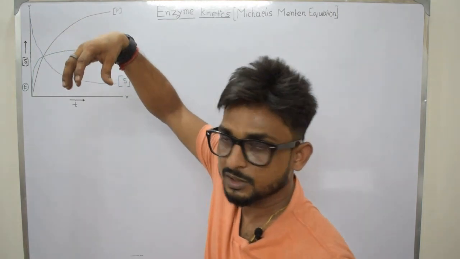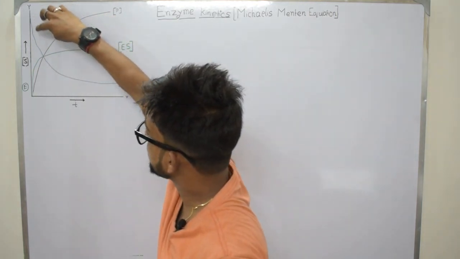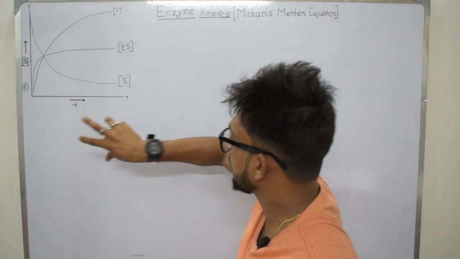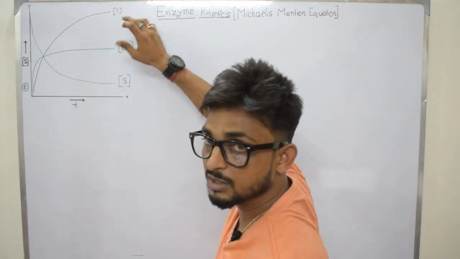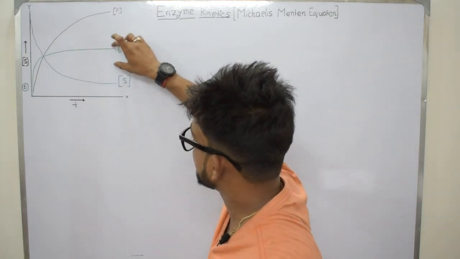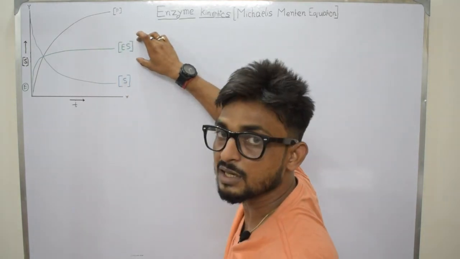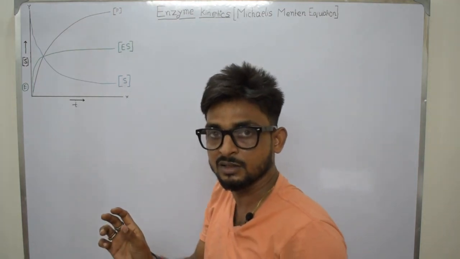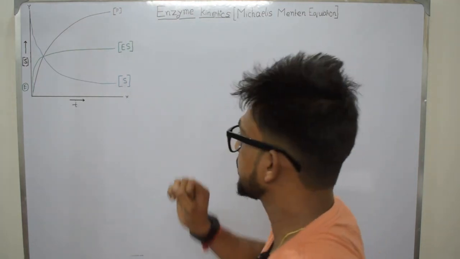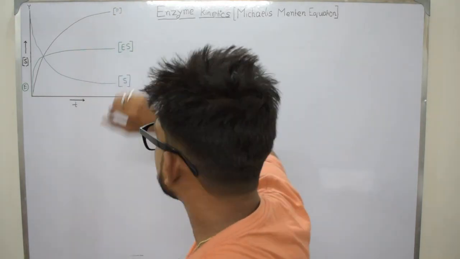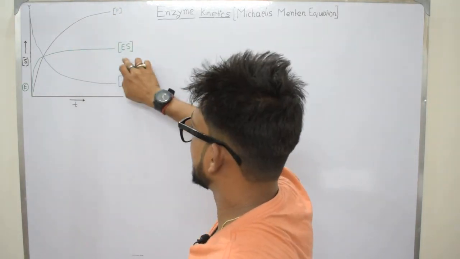During the process, the substrate concentration is reduced with time, and the product formation is increased with time. But the transient state, which is the enzyme substrate complex, is the intermediate transitional stage of the enzyme. The product formation is this green line.